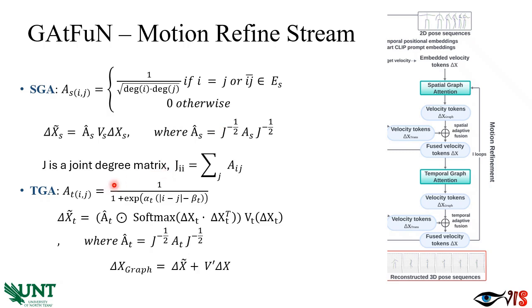This prioritizes nearby frames while still allowing longer-term dependencies. Temporal self-attention is then applied, modulated element-wise by A_T, followed by the residual connection.